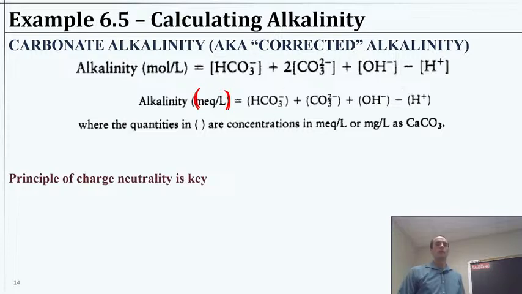So that's incorporated into here, so we can write it the same manner if we really highlight and notice the fact that we are doing it in milliequivalents. Then we can solve our alkalinity problem just by saying, okay, if we put it in milliequivalents, then it's just the sum of each of these. All right, so it's a small distinction, but an important one.